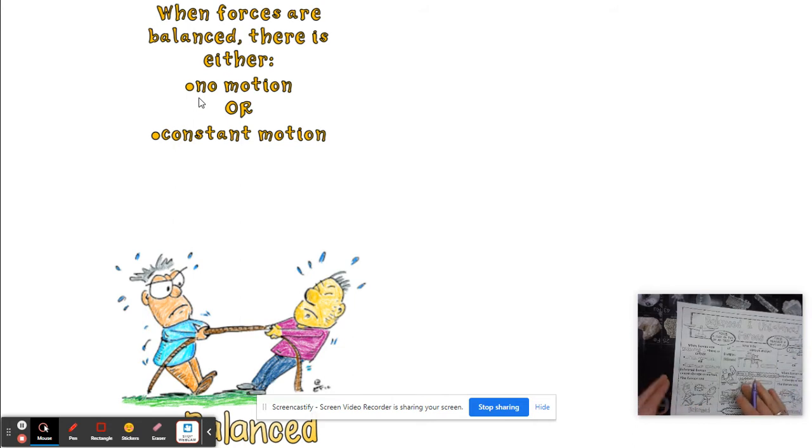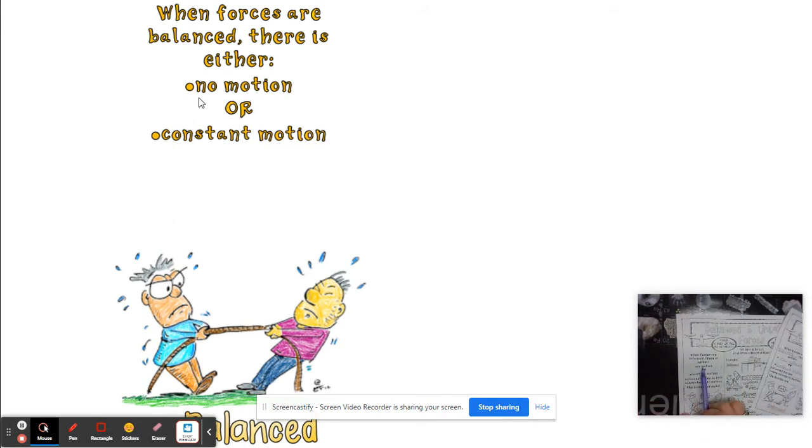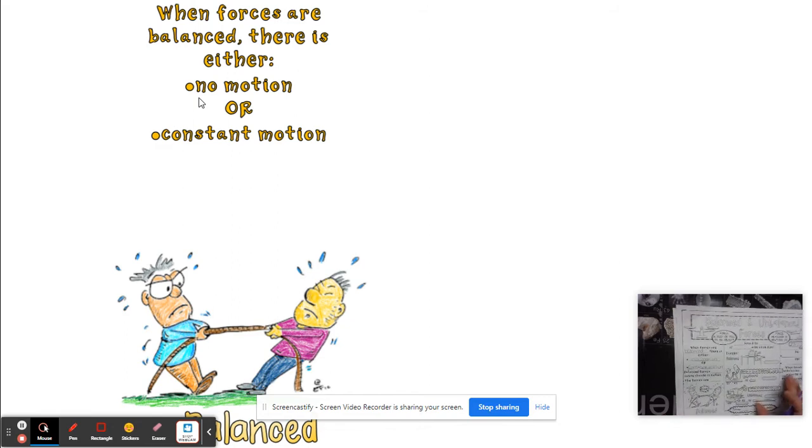If you are on the paper where you're not writing these, you should at least be circling the words that look like they're in a different font, okay? So what this means is, a balanced force is just one that's either got no motion or constant motion. Right now, that pen is in balanced force. There's no motion, right?